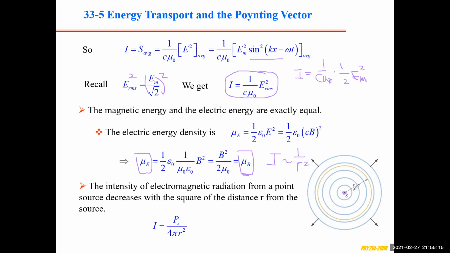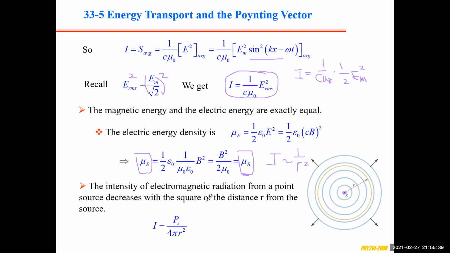rule. Think about it in 3 dimensions, and you have the source right at the center, and the electromagnetic waves propagate through space spherically in 3 dimensions. So the farther away from the source, the smaller the intensity, and it is proportional to 1 over r squared.